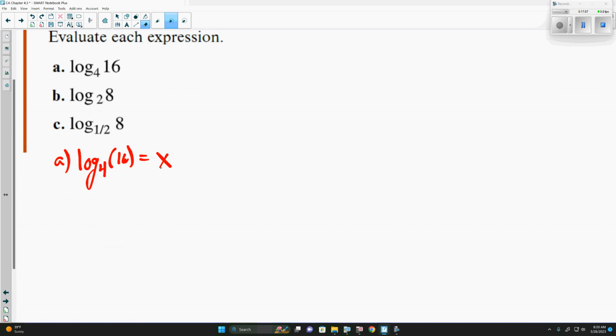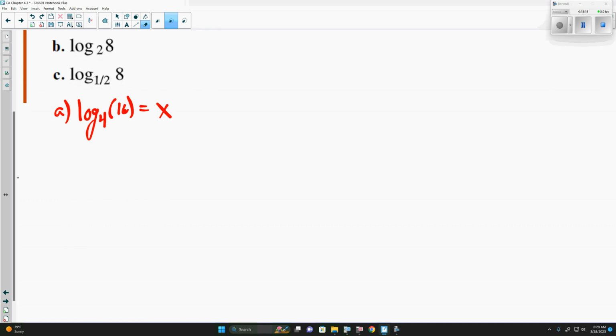Now this next one we're looking at is log base 4 of 16. We want to evaluate it. We want to find out what it is. So one way to do this is we set it equal to x, because we don't know what this equals. Now this one here, and all three of these here are actually quite nice functions.